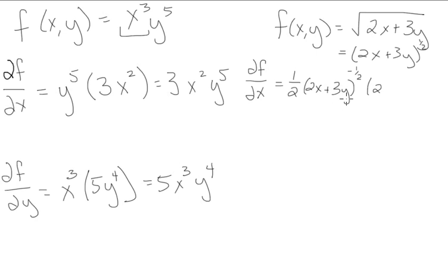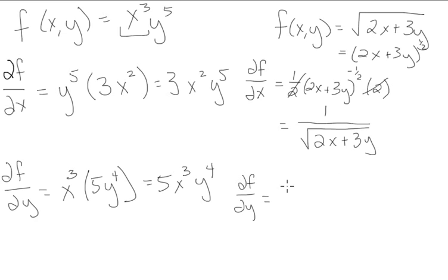We're treating y as a constant, so its derivative is 0. So that's just a 2 multiplied out front. My 1/2 and my 2 cancel each other out, and I'm left with 1 over the square root of 2x plus 3y.